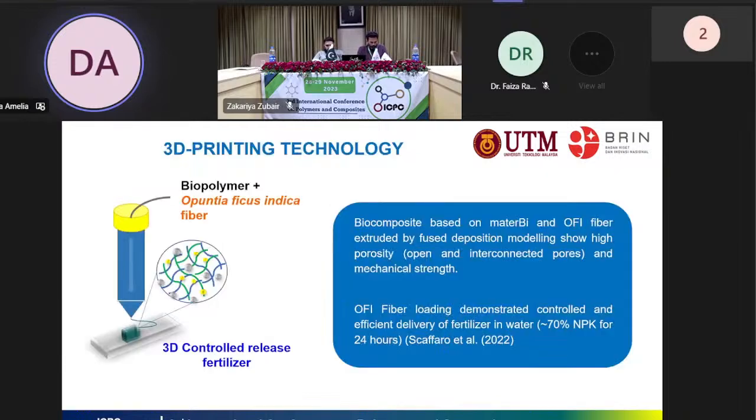Based on what Scavaro reported, the biocomposite using matter B and natural fiber from Opuntia ficus indica extruded by fused deposition modeling, which is 3D printing, results in high porosity and high mechanical strength. And OV fiber loading demonstrates control release and efficient delivery of fertilizer in water.